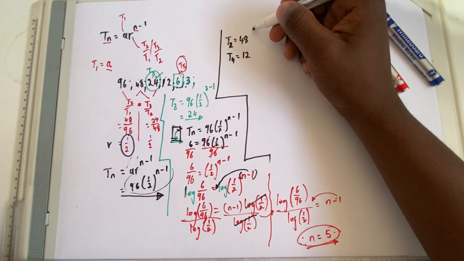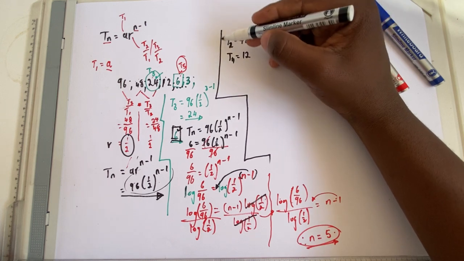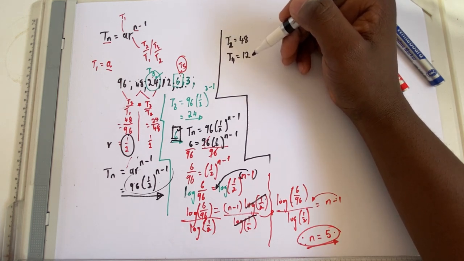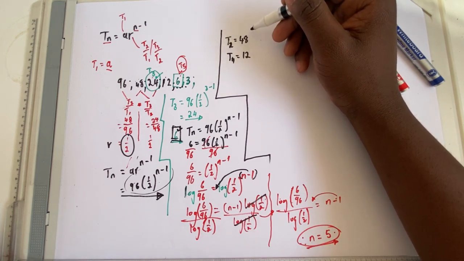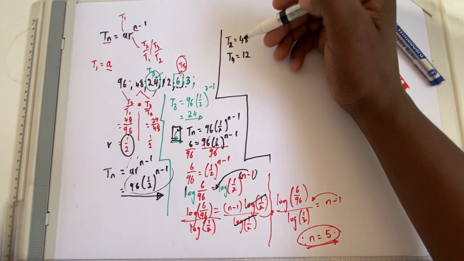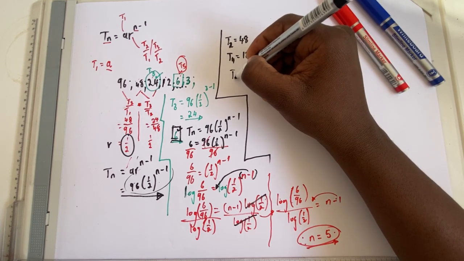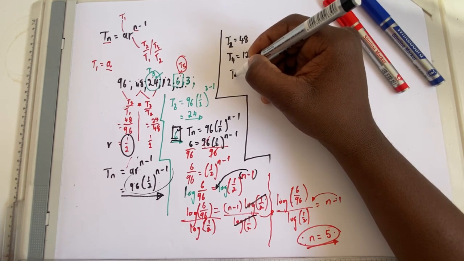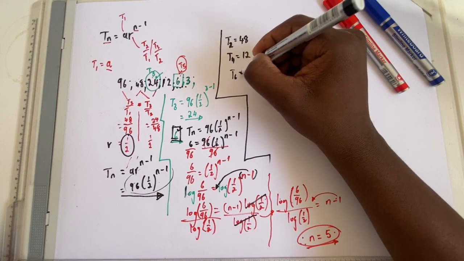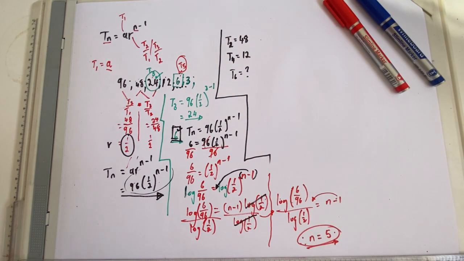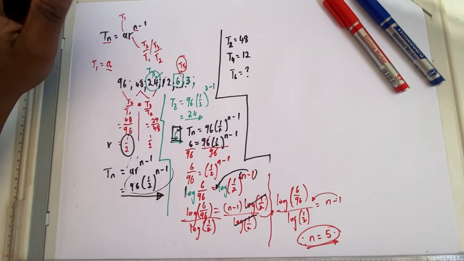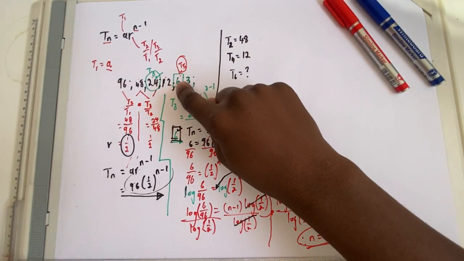Now, let's say you have been given this as a sequence. They say given term number 2 is 48, term number 4 is 12. Then they say what is going to be the value of term number 6? That's the question they ask you.